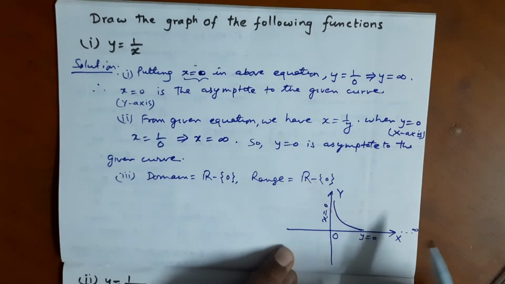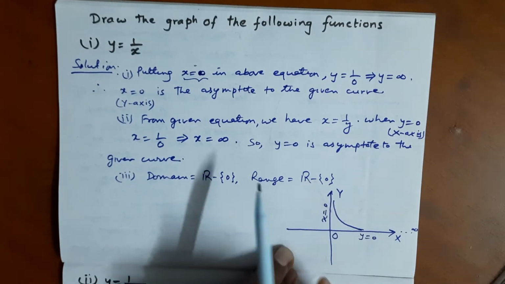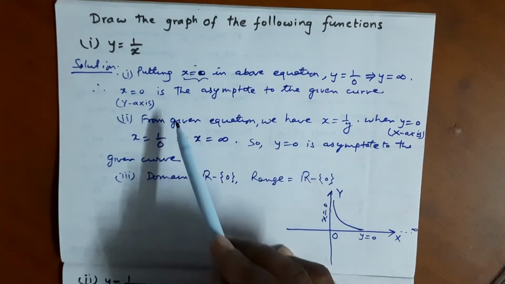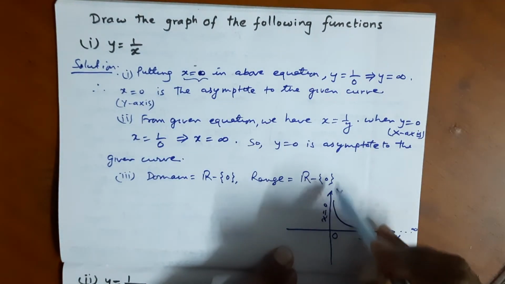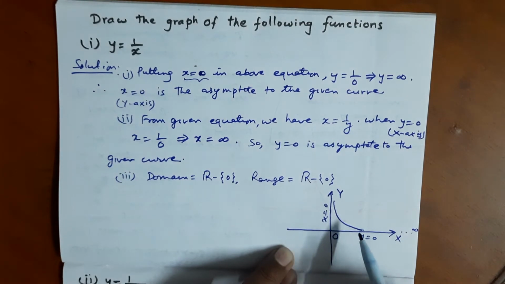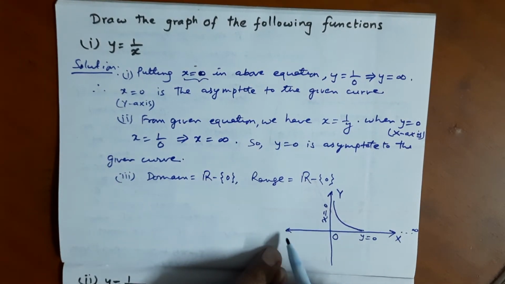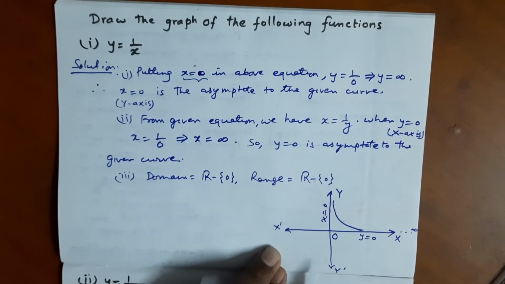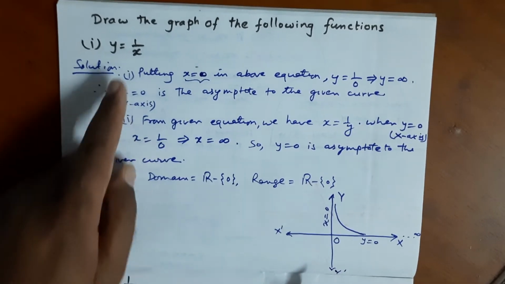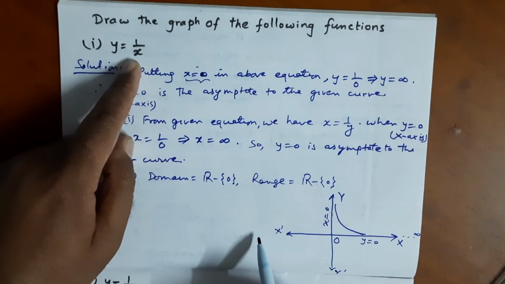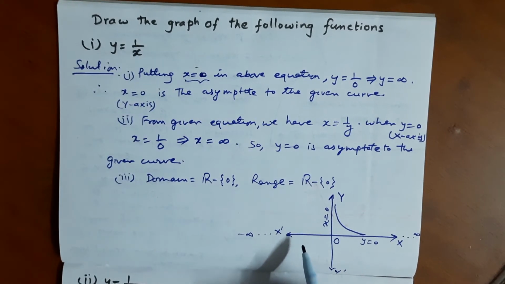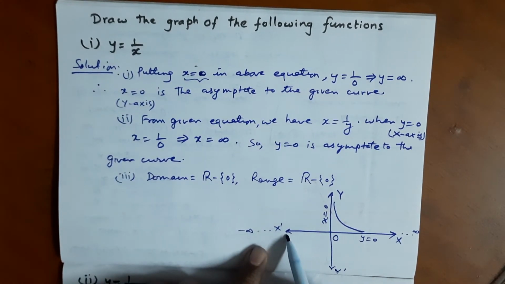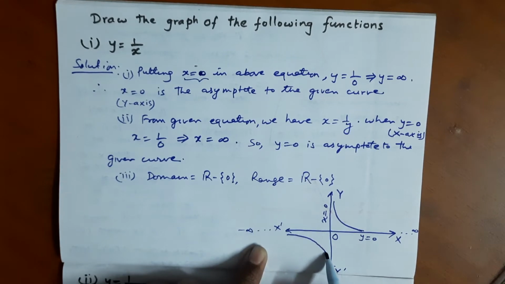And when x equals 0, at the time y equals infinity. Y equals infinity means at the very far end of the y-axis here. Similarly, when x equals minus infinity, at the very far end here, at the time y equals 0, which means the x-axis. So the curve will also be in this position here.